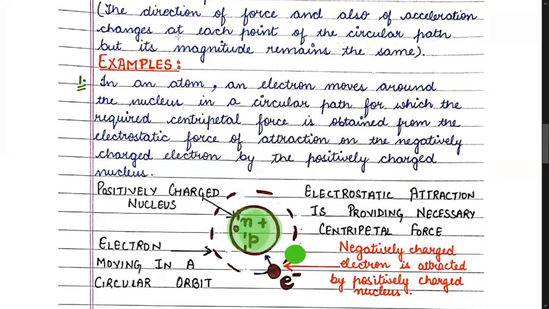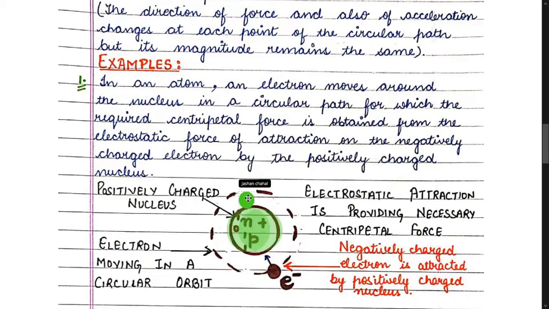Whenever this electron is near the nucleus, the nucleus pulls it towards itself because of electrostatic attraction. Opposite charges attract each other, students. The positive charge of the nucleus will attract the negative electron.